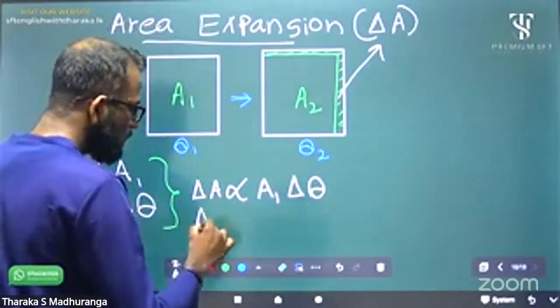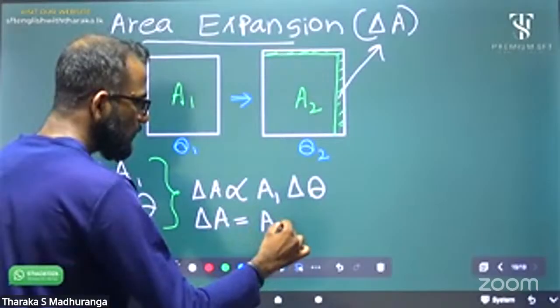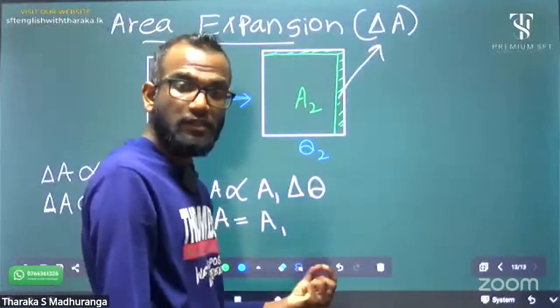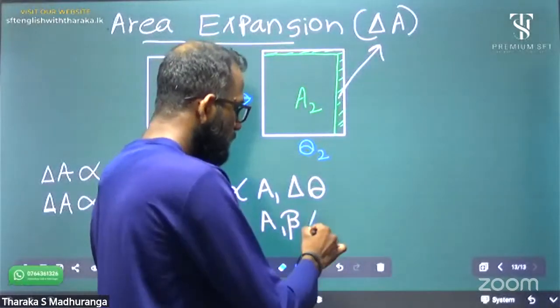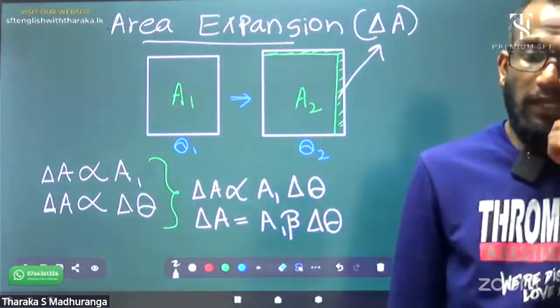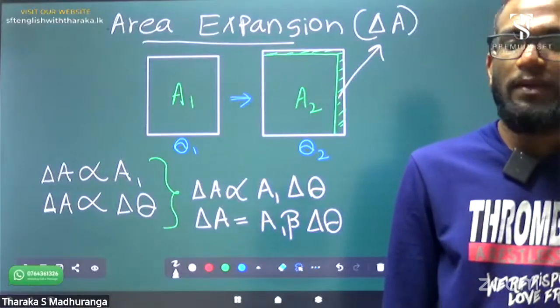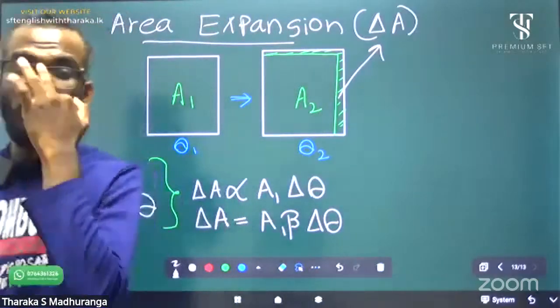Now we can modify this equation. Instead of the proportional mark, we add a constant: delta A equals A1 beta delta theta. This is the area expansion equation. What's the name of beta?